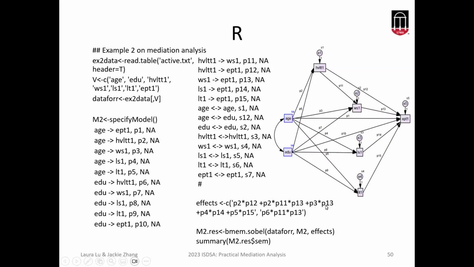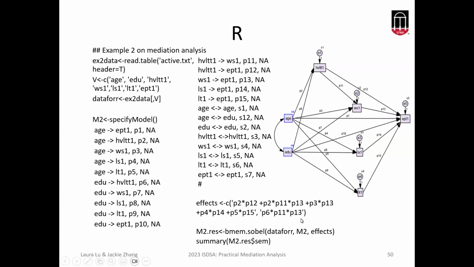And we continue, P3 here, P13, and P4. So actually, this is a sum of all indirect effects from age to EPT. We just find all the possible specific indirect effects and get the sum. This is the total indirect effect from age to EPT.